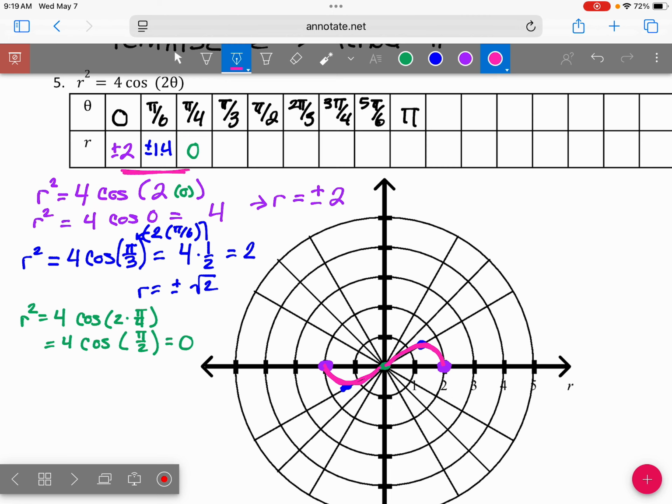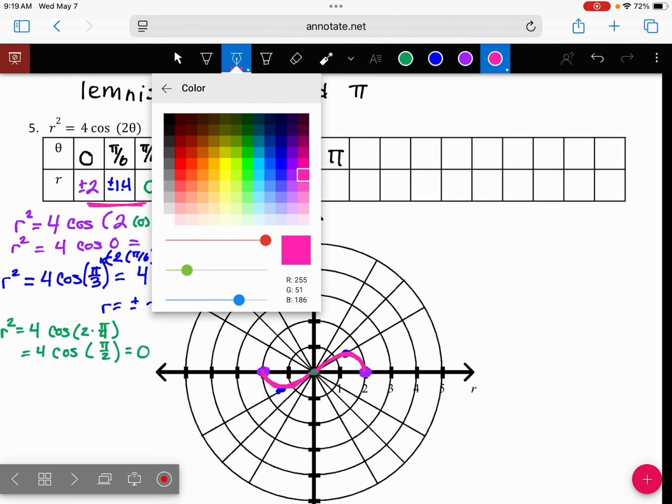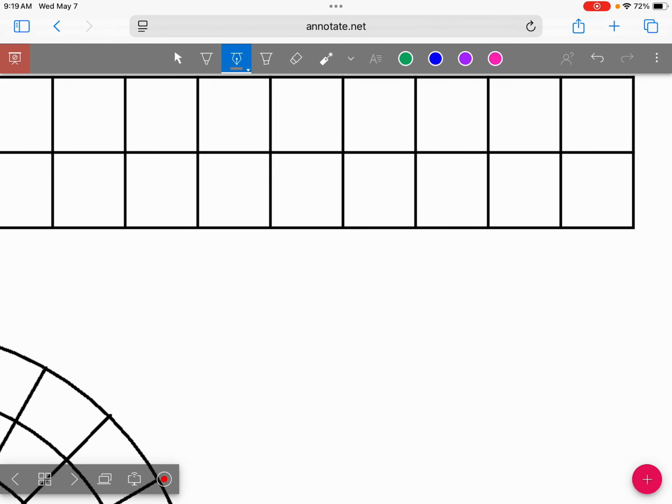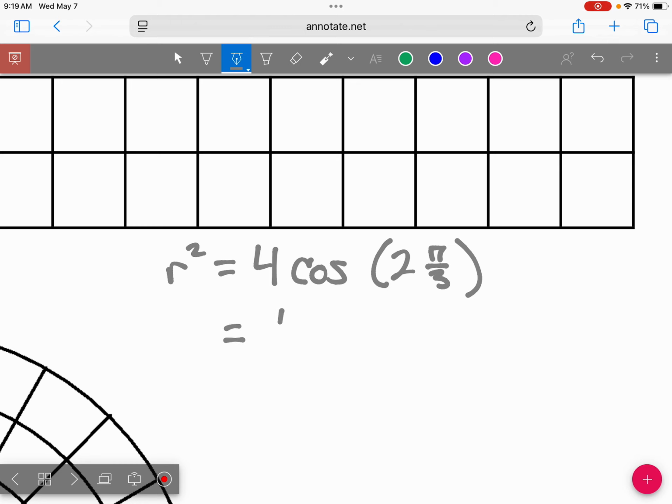Let's keep going with our points and see what's happening here. With pi over 3, substituting that in, I'm going to come over here to the right just so I have a little bit more space. So if we do our r squared for cosine of 2 times pi over 3, that's 4 times cosine of 2 pi over 3. What is cosine of 2 pi over 3?